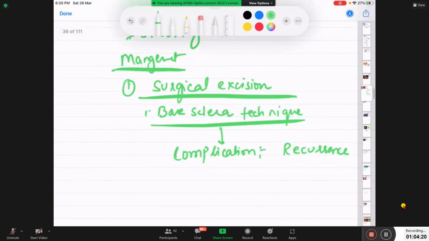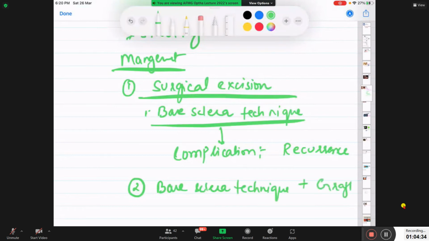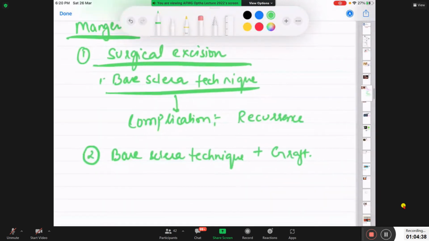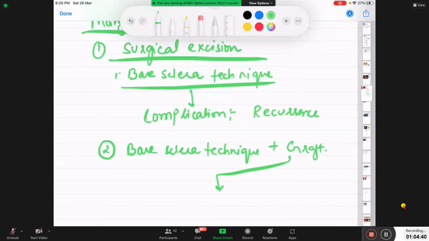Second method is the bare sclera technique with grafting. In those cases, the chances of recurrence are not there. So from where is the graft taken? Write down.